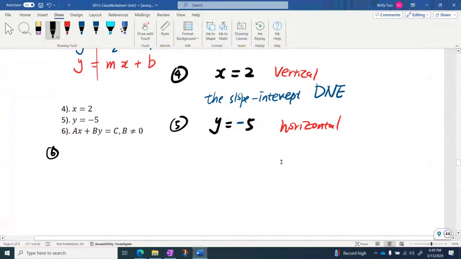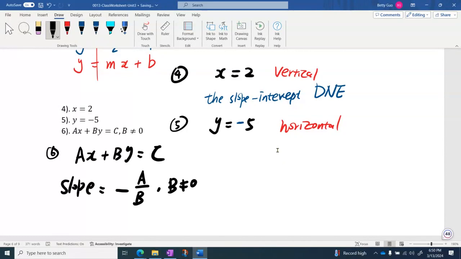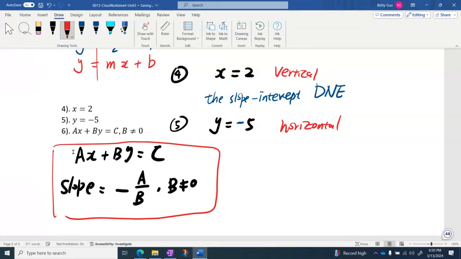Of course, b has to be non-zero, right? Otherwise, it's going to be vertical, and the slope does not exist. This is a formula I want you to memorize and use.